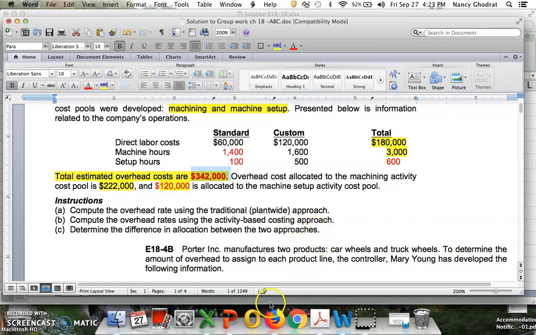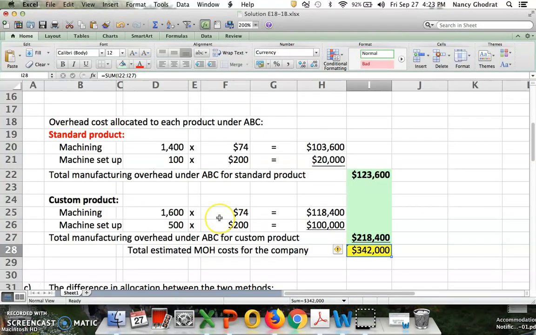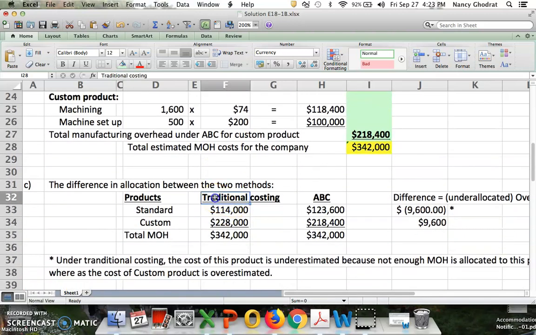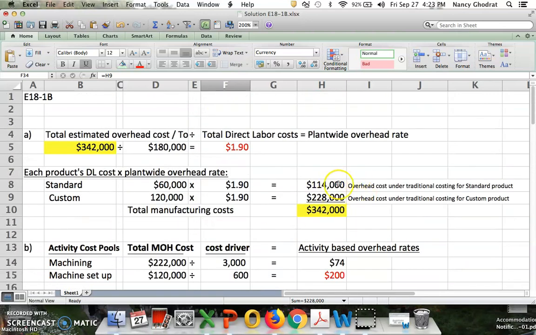Okay, so let's look at the two approaches. Under traditional costing, standard product had $114,000 of manufacturing overhead allocated to it, and custom product had $228,000. How did we come up with those?